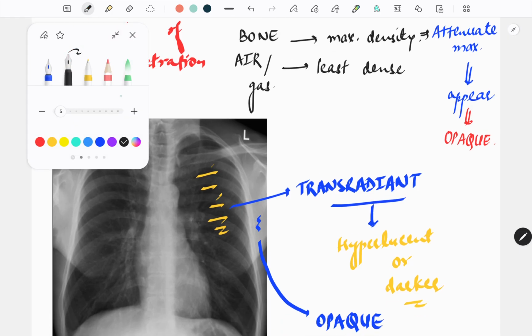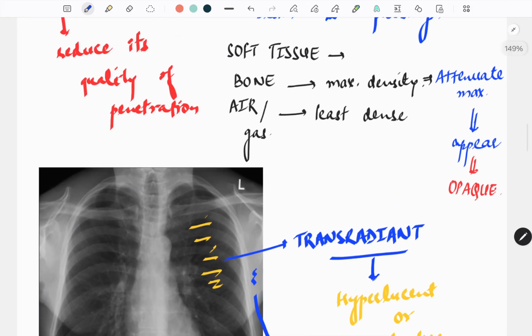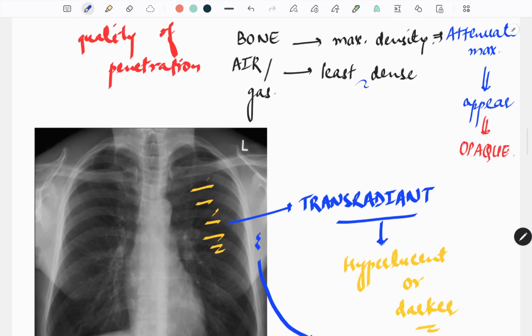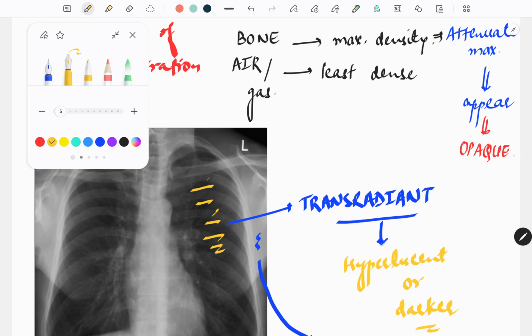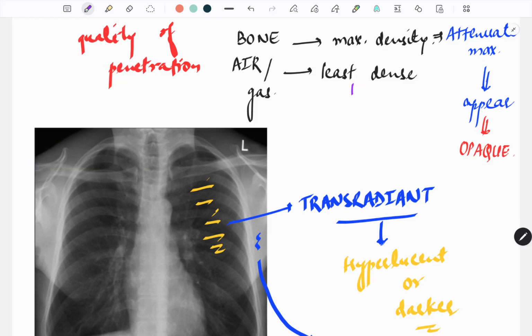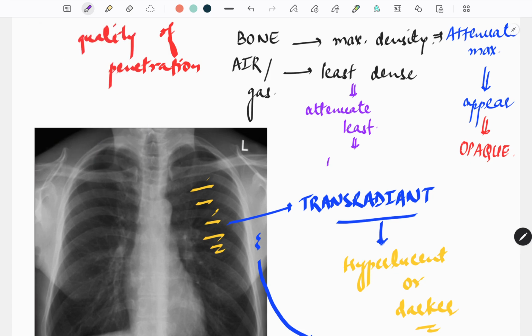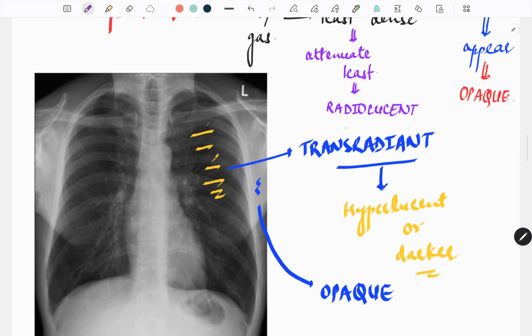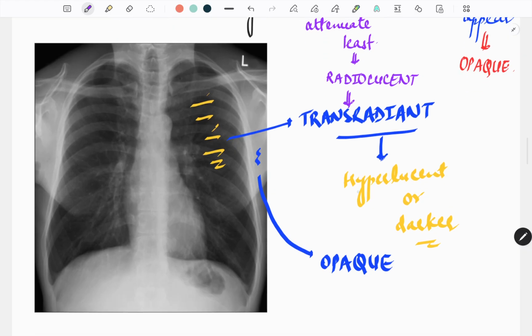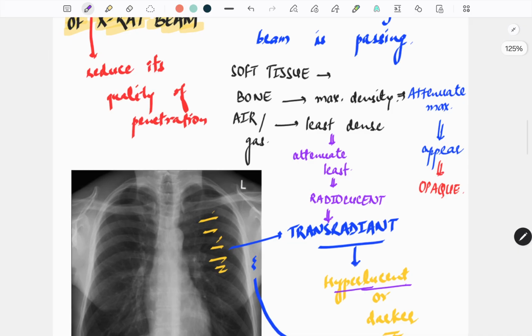Utilizing the same point, air or gas is least dense and hence will attenuate least and therefore appear as radiolucent or transradiant or hyperlucent.